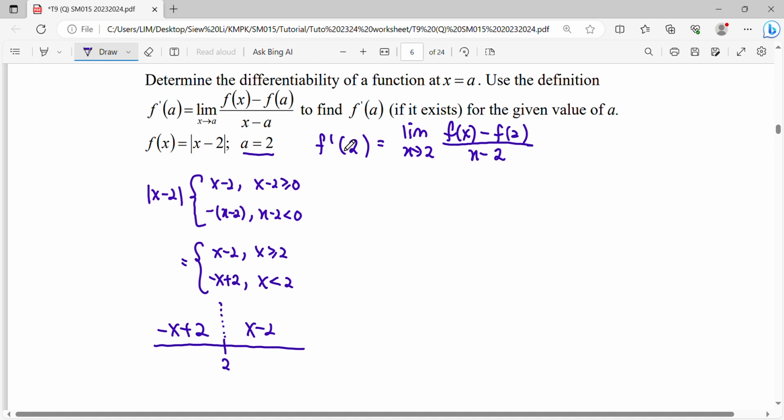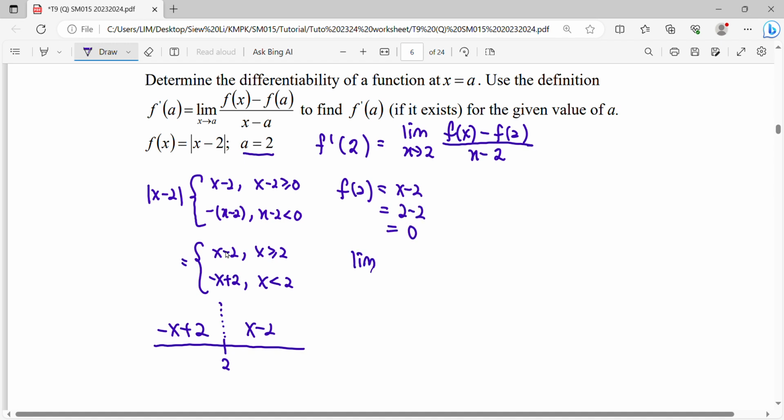Alright, so for this limit, we need to calculate the left-hand side. But before we calculate this, find the coordinate first. What is the coordinate f(2)? x equals 2 falls in the interval with formula x minus 2. So substitute x equals 2: 2 minus 2 equals 0.